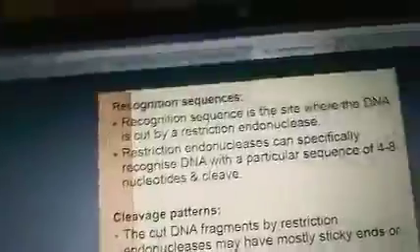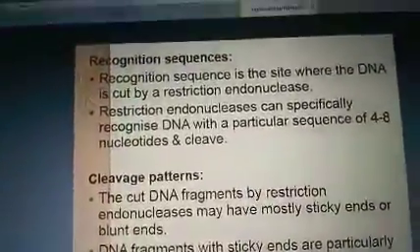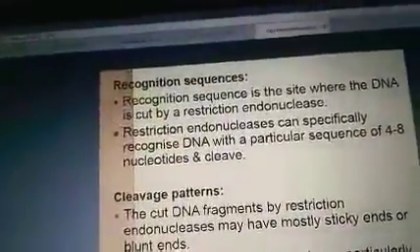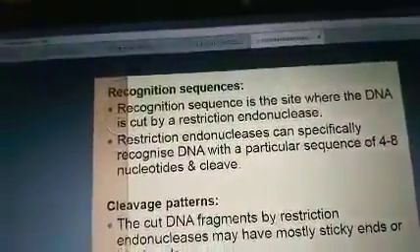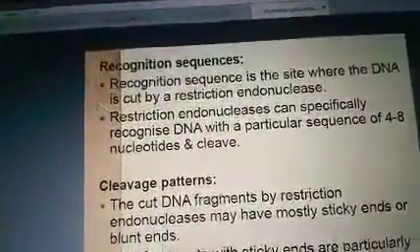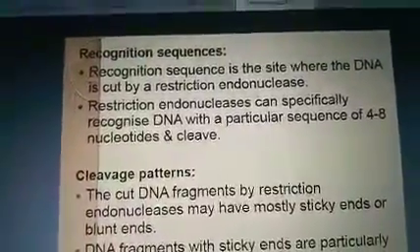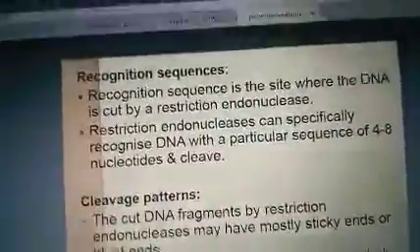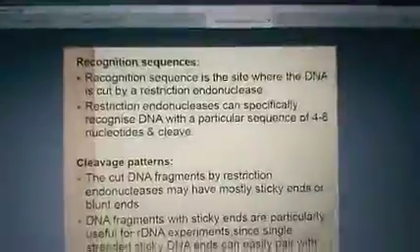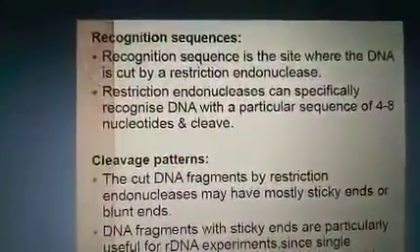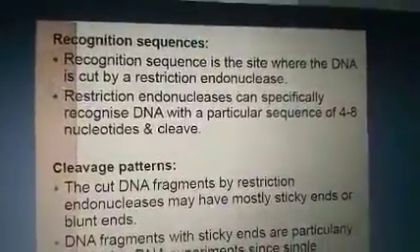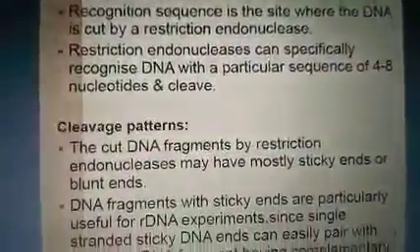Next come the recognition sequences, as it is not worthwhile to cut the DNA at any site. So recognition sequences play a crucial role. They are the sites where the DNA is cut by restriction endonucleases. Restriction endonucleases can specifically recognize DNA with a particular sequence of 4 to 8 nucleotides and cleave.